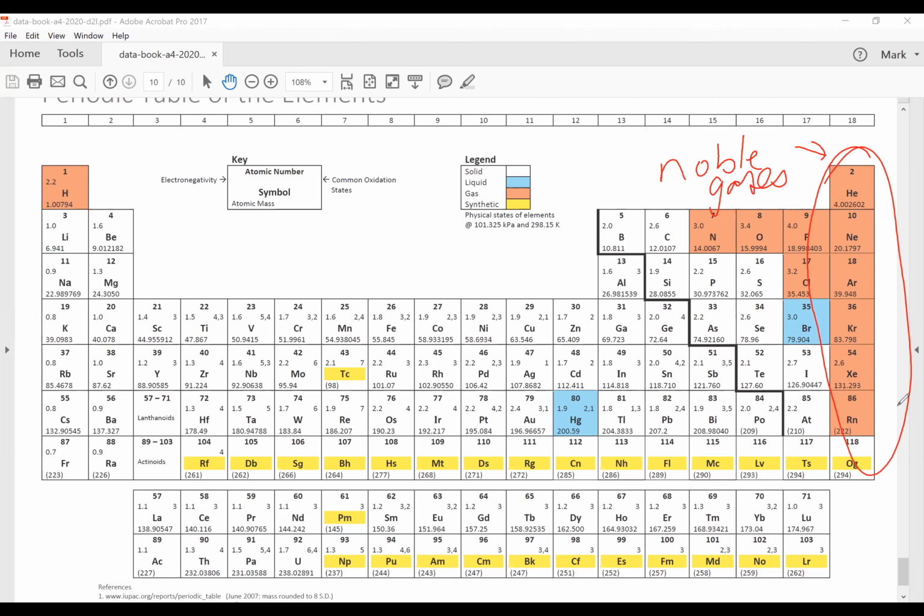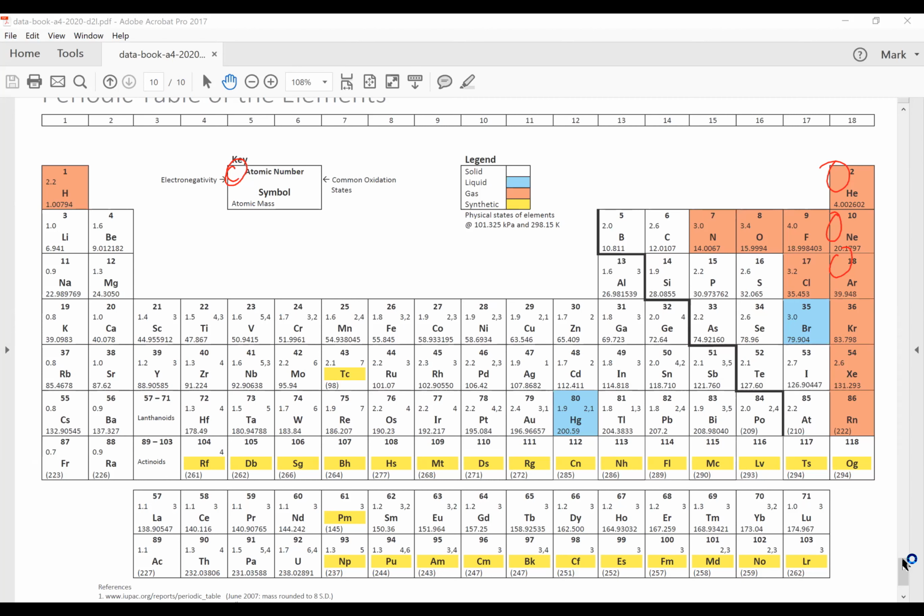So you'll notice the noble gases do not have an electronegativity number. So again, electronegativity is here, and you'll notice the noble gases do not have them. Again, this is because of the definition of electronegativity.